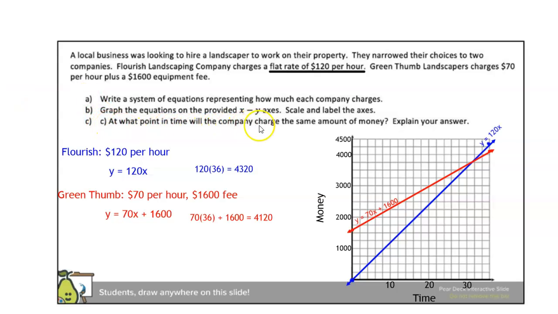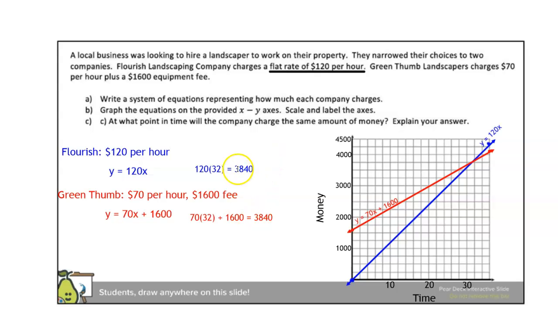At what point in time will the companies charge the same amount of money? Explain your answer. Well, we did a little estimating here. This point is around 1,600, this point is around 4,320, but it really looks like they cross very close to this line, and this line indicates 32 hours. Let's see what the values are for each equation at 32 hours.